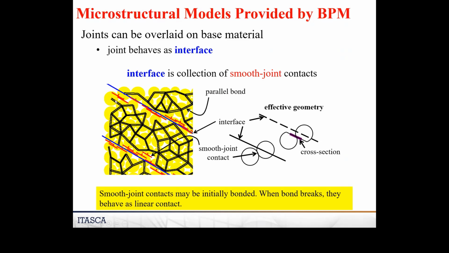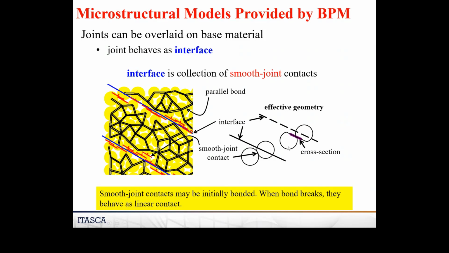These contacts, which are the ones between discs on opposite sides of the desired joint, have a special contact model so that instead of behaving as though the surfaces were oriented like this, it pretends that the surfaces are oriented like this and that this has been cut off. You can work all this out, and so now you have a contact model. This can be initially bonded. After a certain stress, it can break, and then it's frictional.